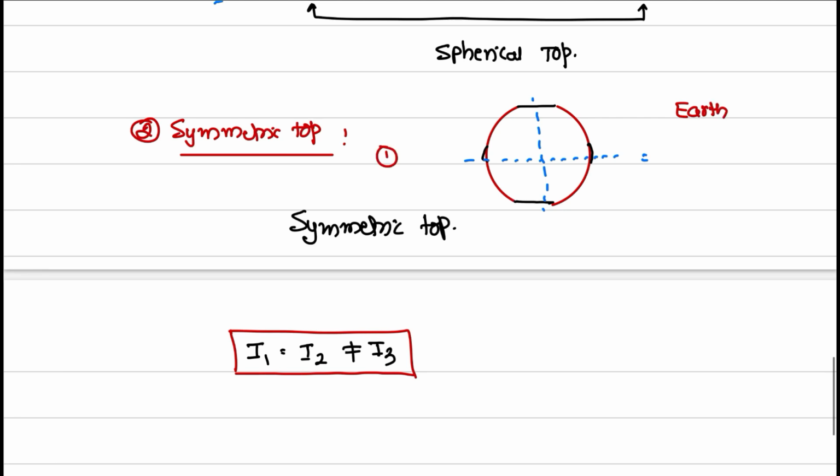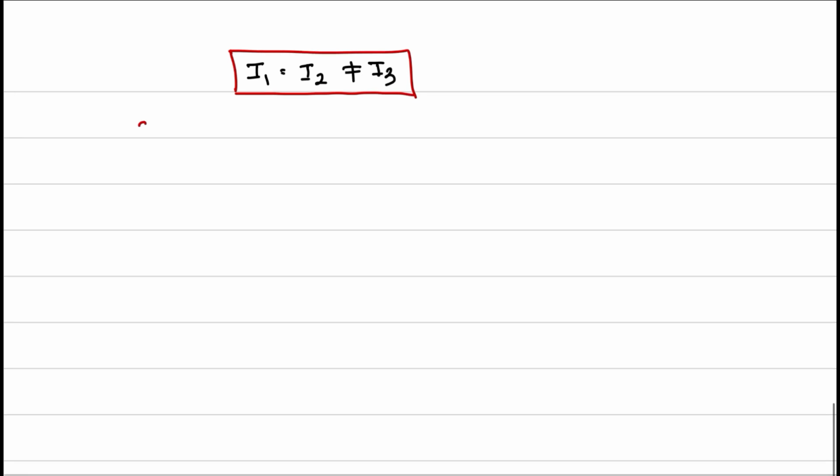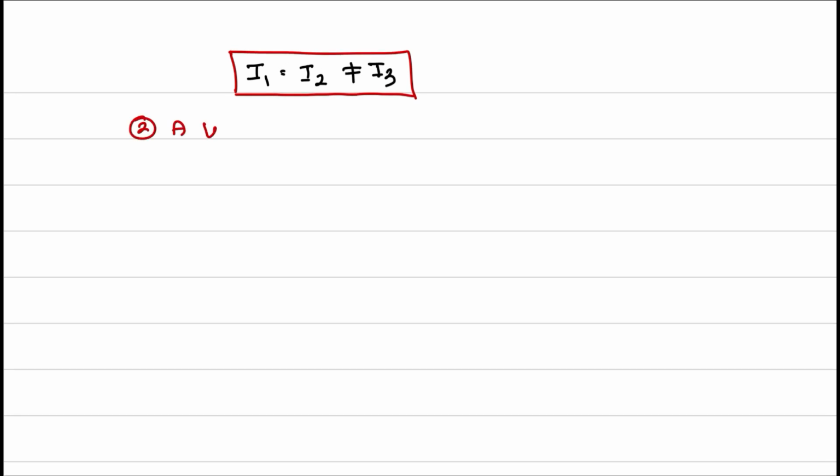Second example can be a cylinder rotating about z.